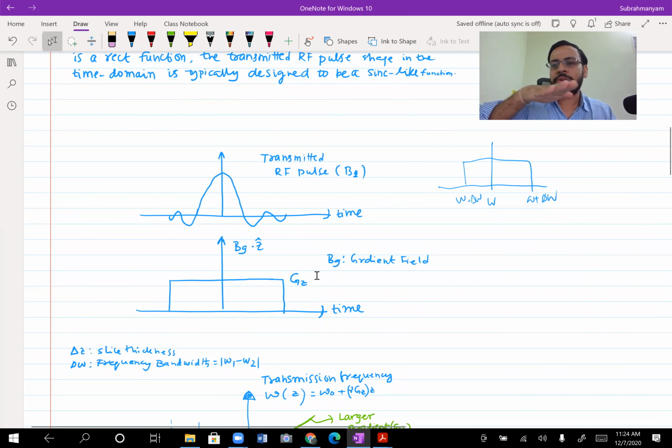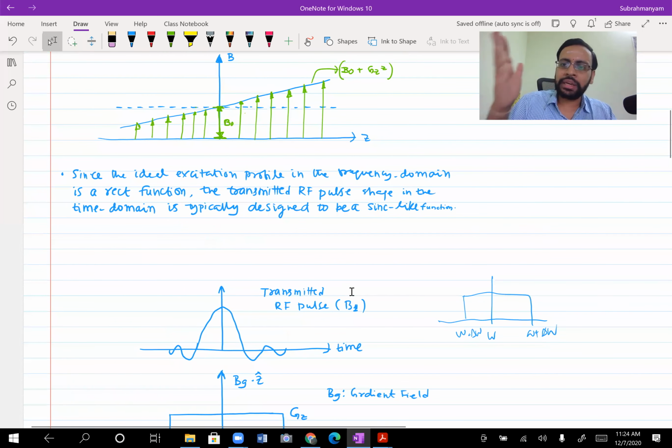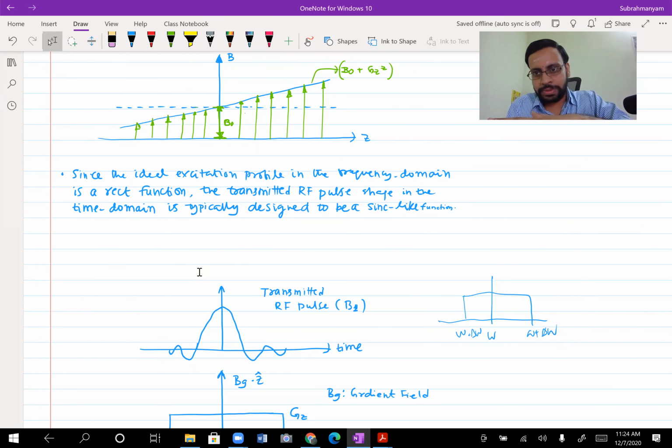Suppose you fixed the ZZ value at which you want to apply. That gradient coil value is given here, and depending on the ZZ value and the location you want, you would now tip the magnetization using an RF pulse.